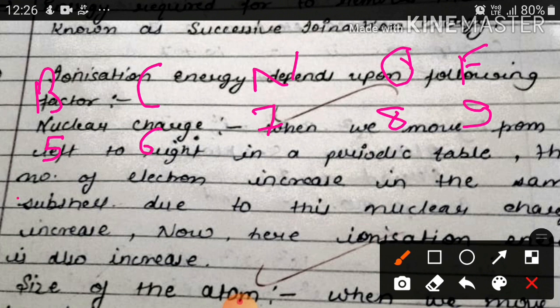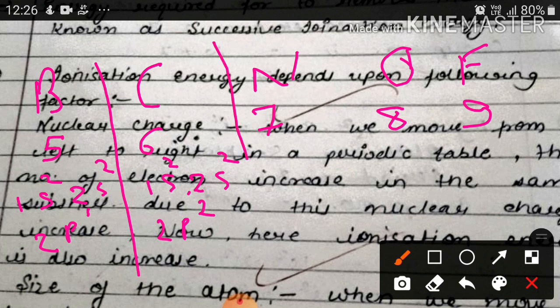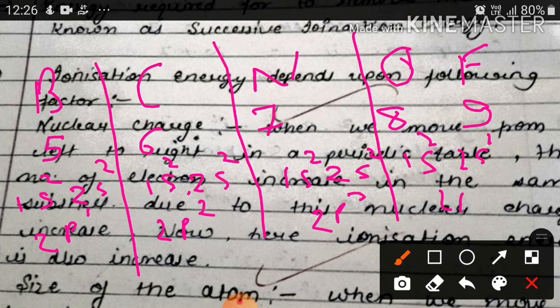The electronic configuration of boron is 1s2, 2s2, 2p1, and the electronic configuration of carbon is 1s2, 2s2, 2p2, and the electronic configuration of nitrogen is 1s2, 2s2 and 2p3, and so on: 1s2, 2s2, 2p4, and in case of fluorine 1s2, 2s2 and 2p5.